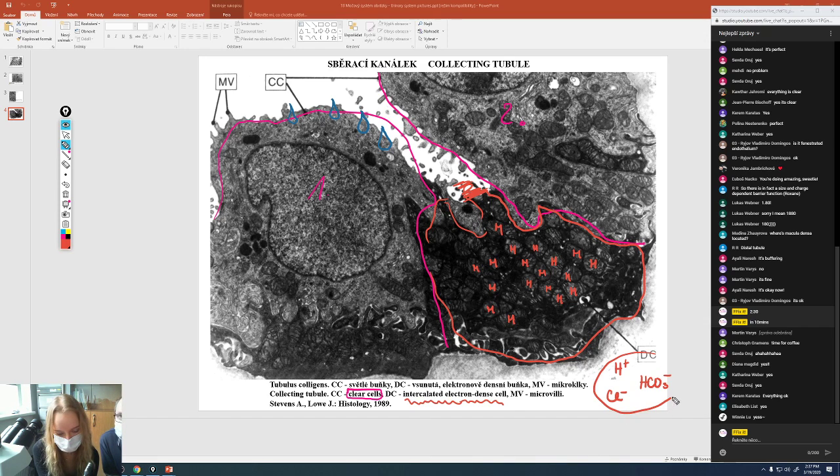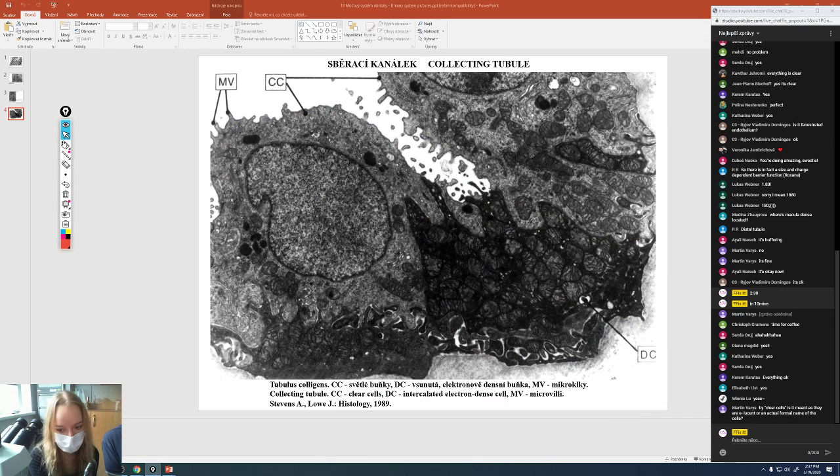They are hardly visible in a light microscope because they are too small, but sometimes in high magnification we can catch them. But it's really not important to distinguish them in a light microscope. It is difficult, so you don't have to worry about that.